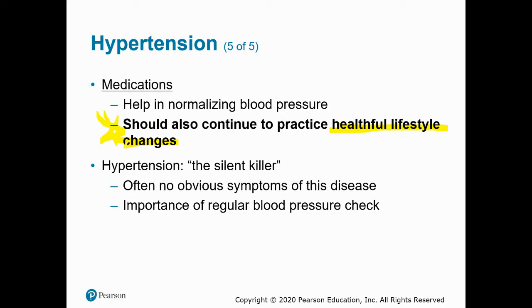Hypertension is sometimes called the silent killer, again, because there are not major overt symptoms. So this is one reason why it's really important to have blood pressure checked on a regular basis, either using the machines at the grocery store or, of course, checking in with your primary care provider, 2 to 4 times a year at least.